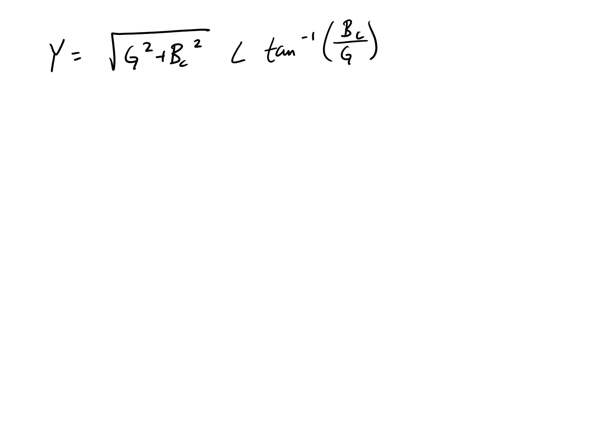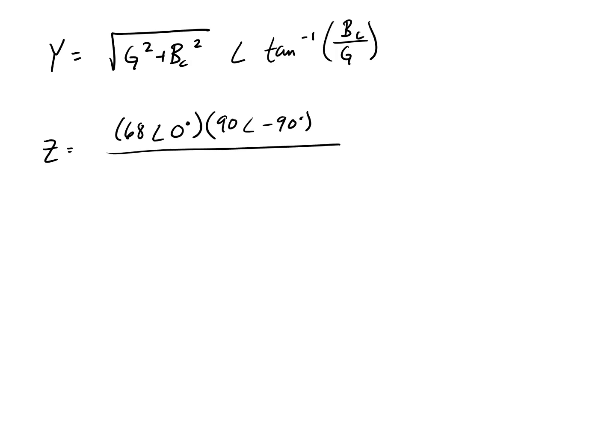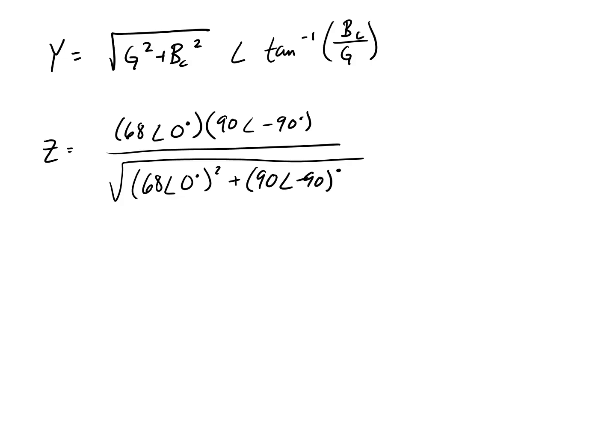So when I went through and did this, I did our z, which again was r, which is our 680 degrees, times xc, which is 90 minus 90 degrees, over the square root of those two terms squared and added together.